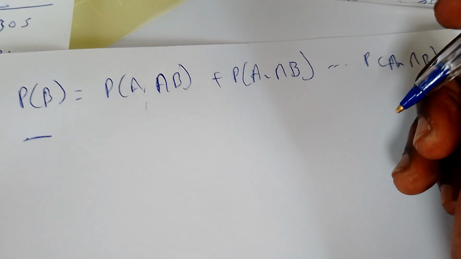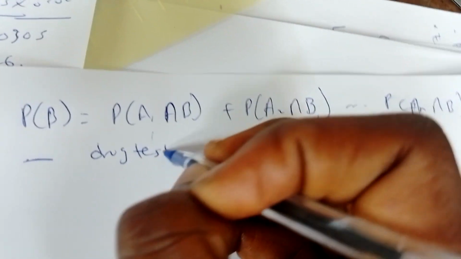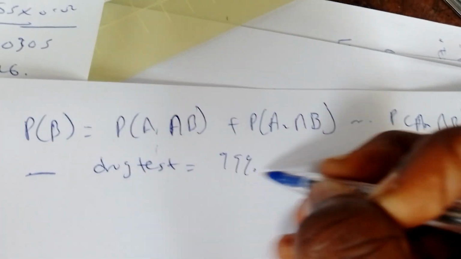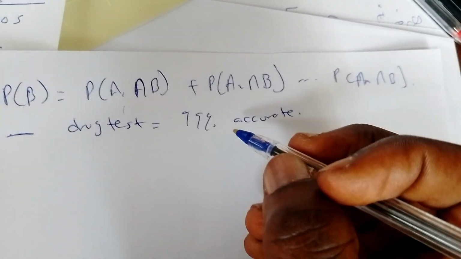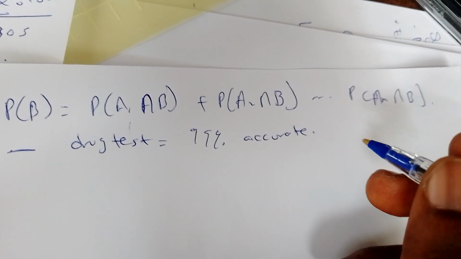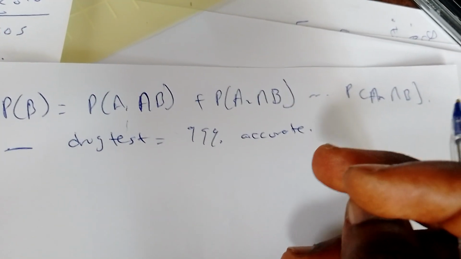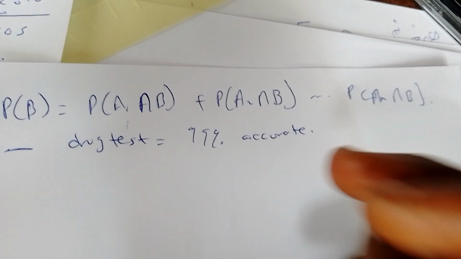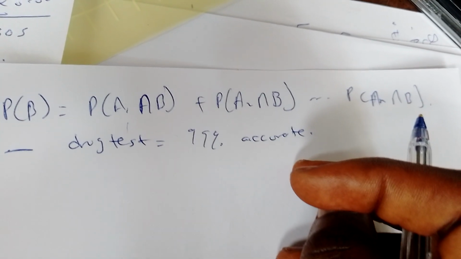That is, the test will correctly identify a drug user as testing positive 99% of the time, and will correctly identify a non-user as testing negative 99% of the time. Okay, I think that makes sense.